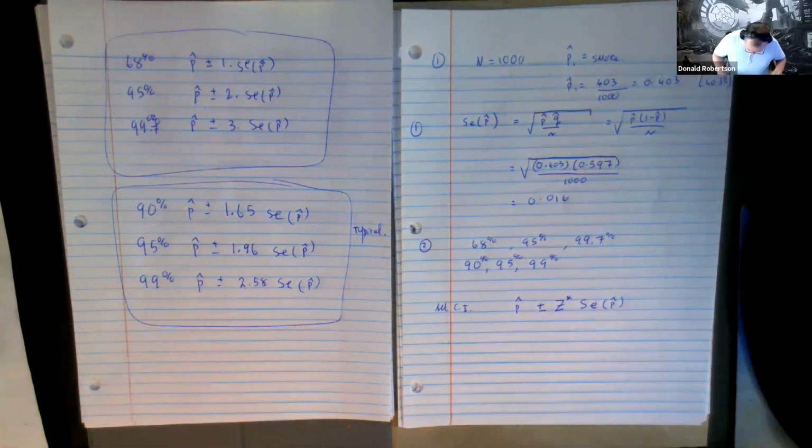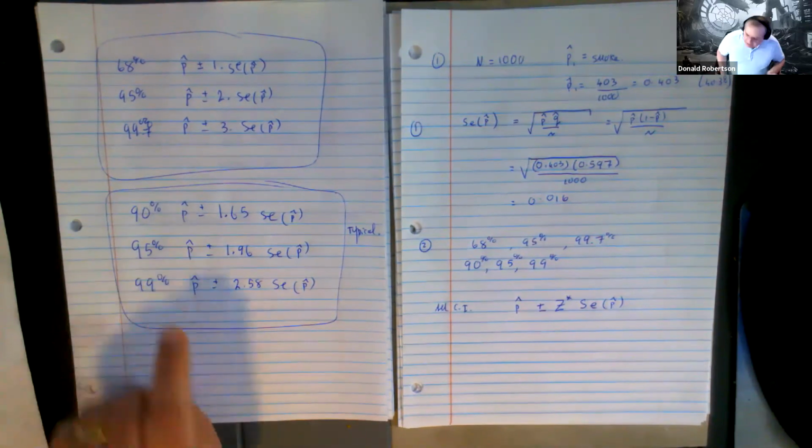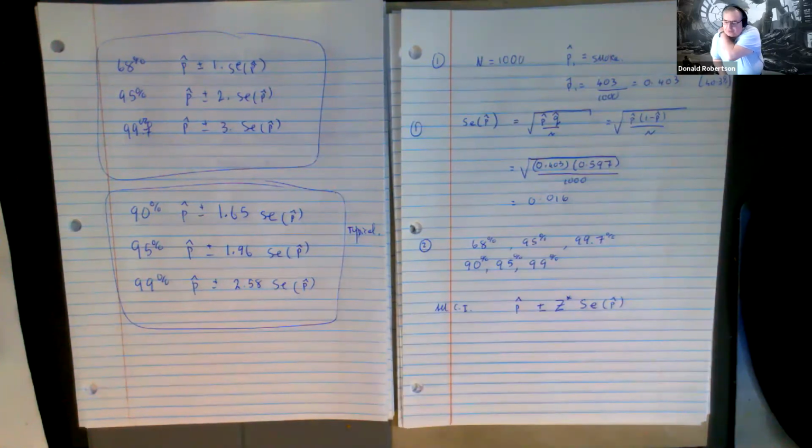So I want a confidence interval for what I believe the real percentage of adults who smoke in America is. So I do have a 90, 95, or 99% choice. I would assume that in the question in the homework, they tell you which one, right? They'll say 95.